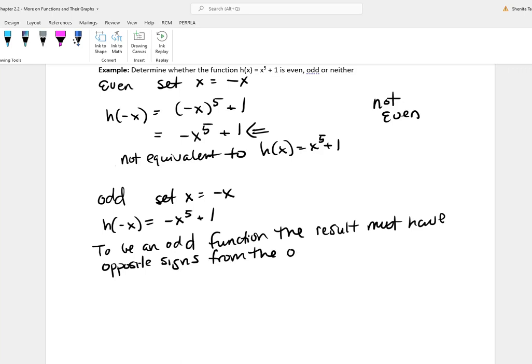Alright, so what do I mean by that? So we know that the original equation is this. The opposite signs will be this.